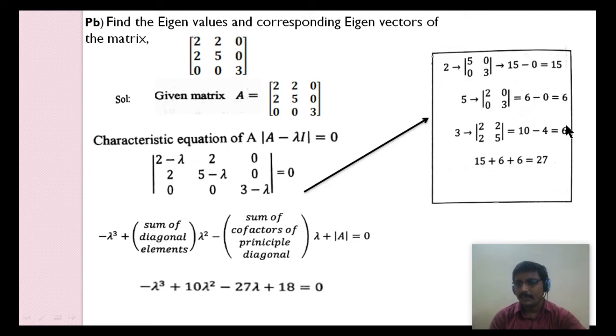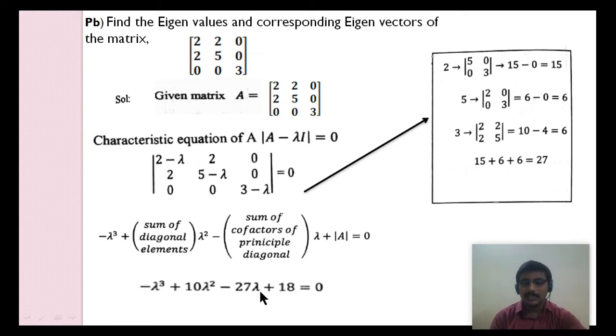So the sum of the minors of the leading diagonal elements is 15 plus 6 plus 6 equal to 27. Just replace this. And the last one is the determinant of A. Finding the determinant of the 3 by 3 matrix, we get 18 as the answer. So this is the characteristic equation of the given matrix A.